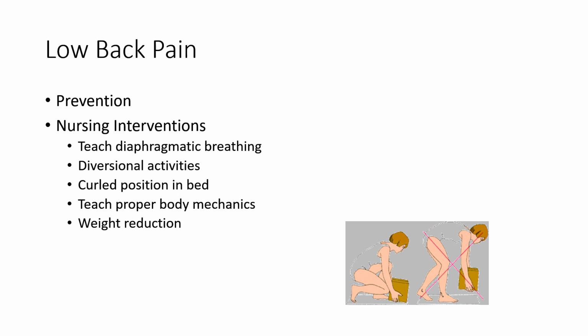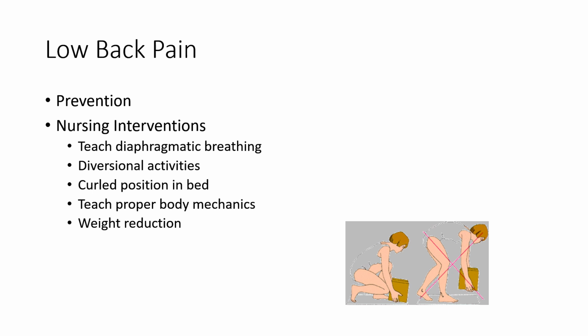Some of the other interventions are to teach them diaphragmatic breathing and diversional activities, just trying to get their mind off their pain. Sometimes if they get into a curled or fetal type position, this can open up the space around maybe a disc or a nerve that is impinged.